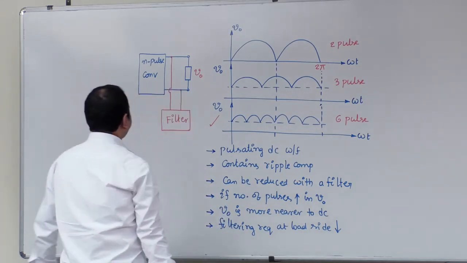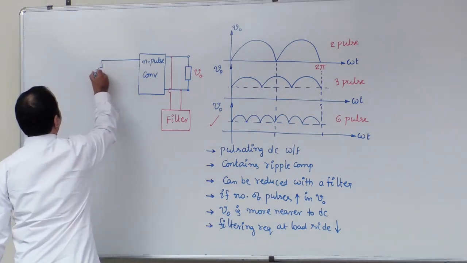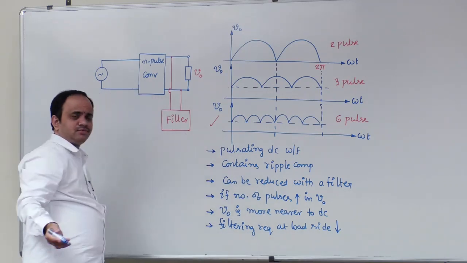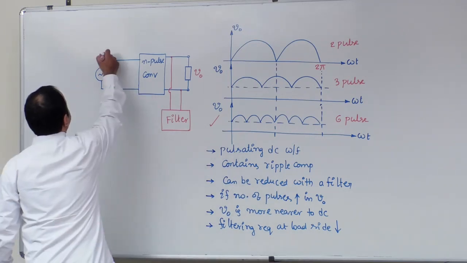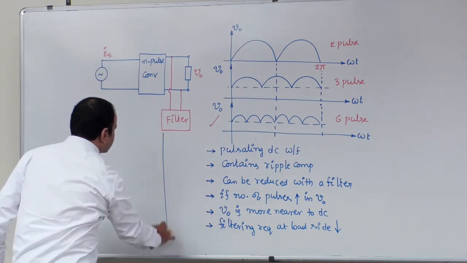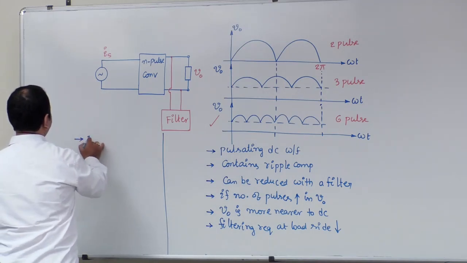Now one more point is, when the number of pulses in V0 waveform increases, in the coming lectures we will see that some of the harmonics in source current will also not be present. Okay, so what is another benefit here?